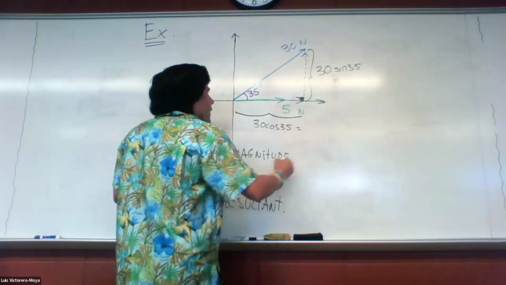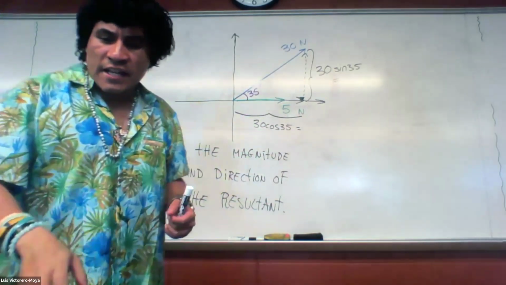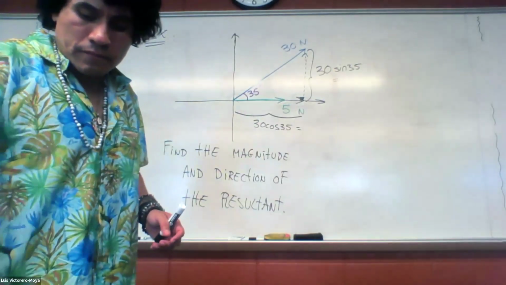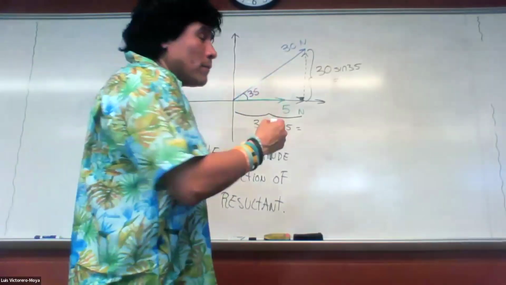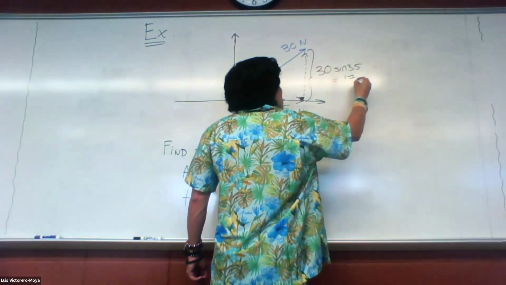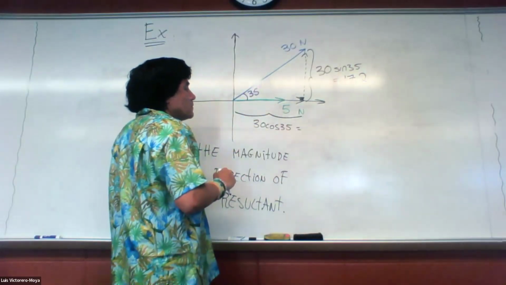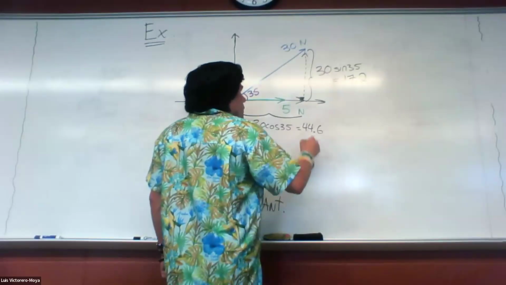So what are these values? What is 30 sine 35? 17.2, for y. And the x component, 24.6.